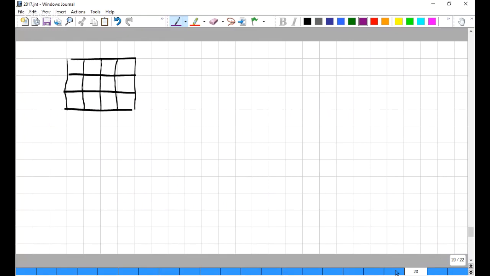How many squares do I have in all? Sir, coming. One, 2, 3, 4, 5, 6, 7, 8, 9, 10, 11, 12. 12. So 2/3 of 12. How many?